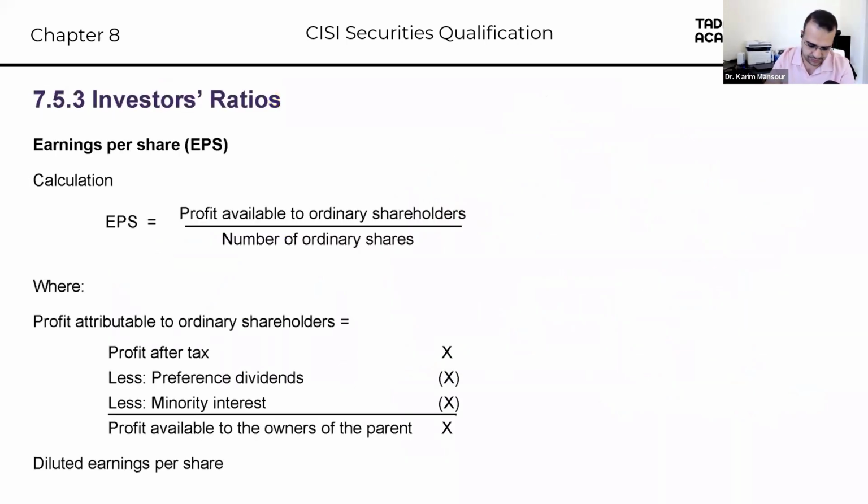Let's look at the ratios. Just going to remind you what we need to cover in the ratios. Basically two things. The calculation of these ratios, although I doubt, because most of our students say the number of mathematical questions out of 100 is less than 10.